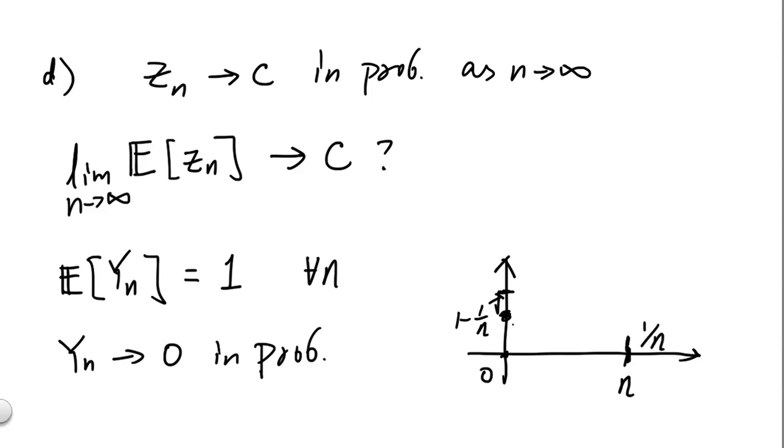Adding these two factors together, the expected value of Yn always stays at 1. However, in probability, it's very likely that Yn is around 0. So this example tells us convergence in probability is not that strong. It tells us something about the random variables, but it does not tell us whether the mean value of the random variables converges to the same number.